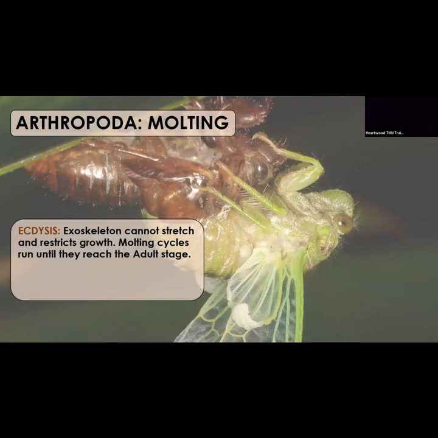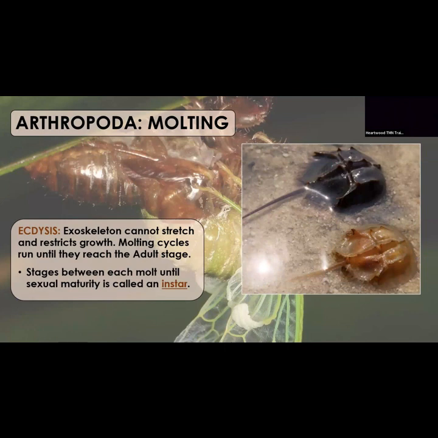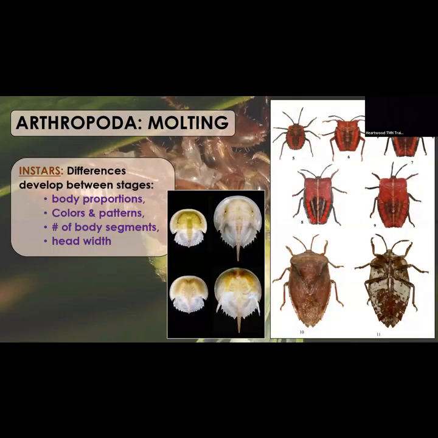This can be a nearly continuous thing for arthropods, especially aquatic ones. The stage between each molt until sexual maturity is called an instar. Just like you might have heard about instars in insects, arthropods have instars because insects are arthropods, right? So it all stems into each other. Here you have a freshly molted horseshoe crab and its exoskeleton.